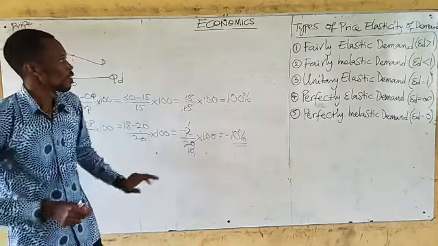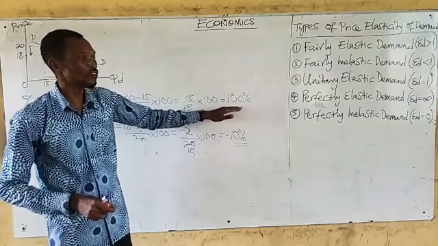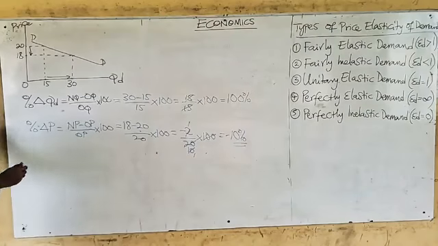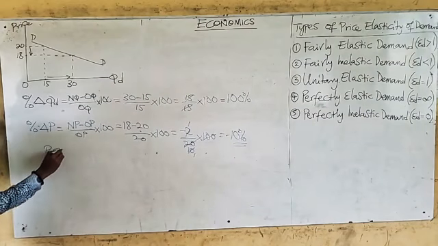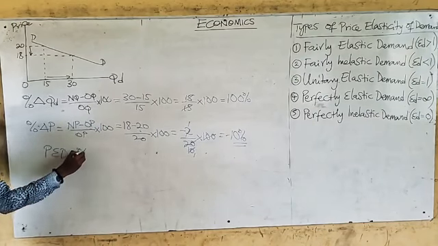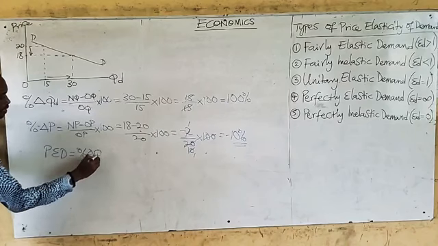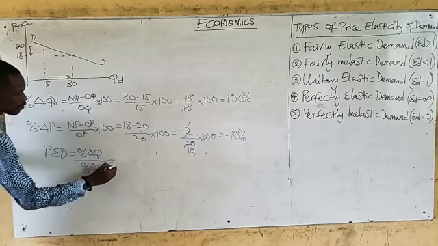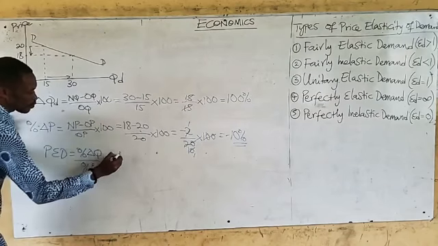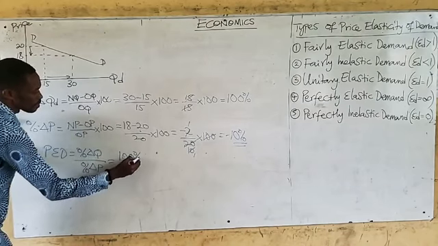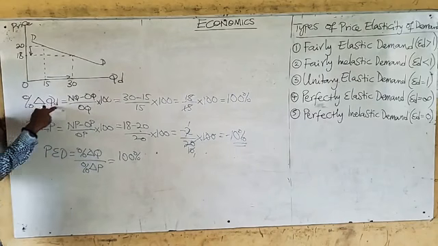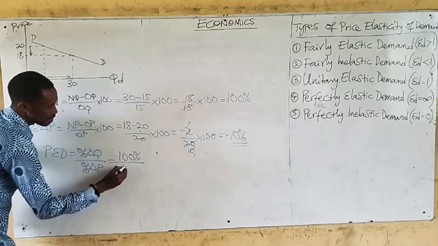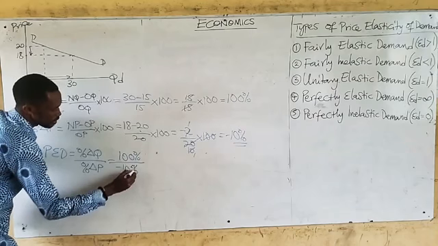Now, the formula that we have for calculating price elasticity of demand is this. Price elasticity of demand is equal to percentage change in quantity demanded divided by percentage change in price. And from what we have done, we can just put 100%, the percentage change in quantity demanded, divided by the percentage change in price, which is 10%.